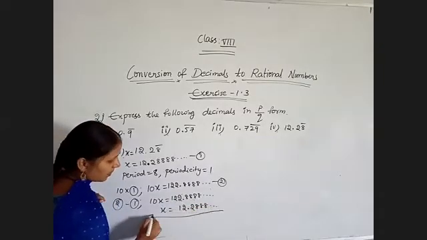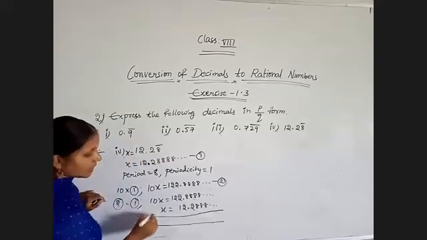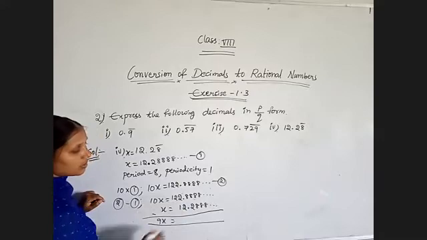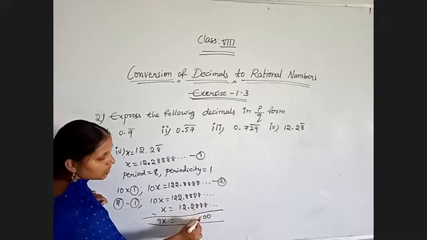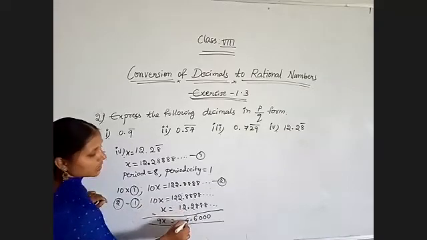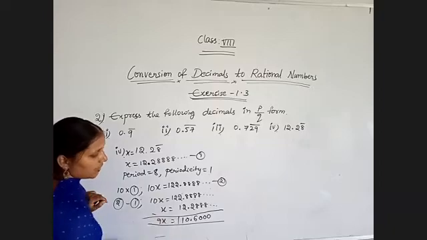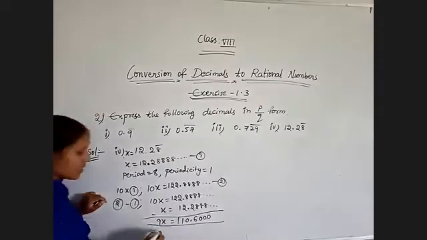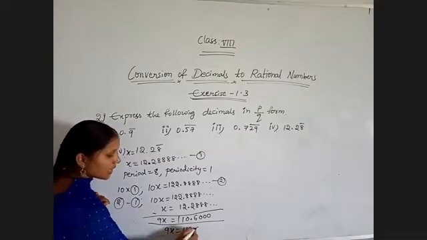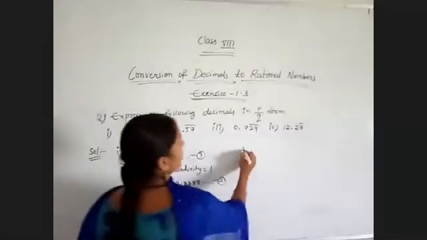Now do the subtraction. 10x minus x is equal to 9x is equal to 8 minus 2 is 6, 2 minus 2 is 0, 2 minus 1 is 1 and 1, 110.6.